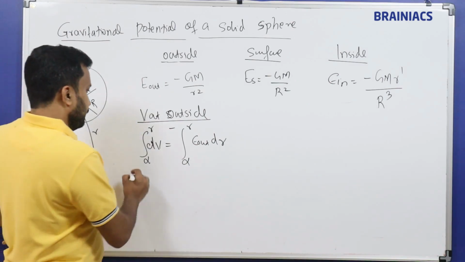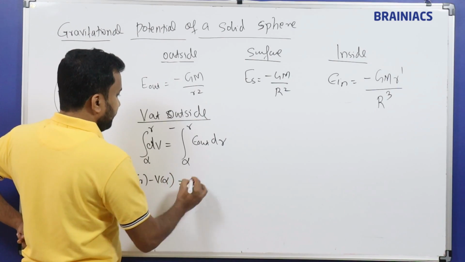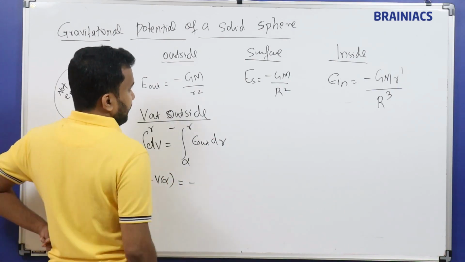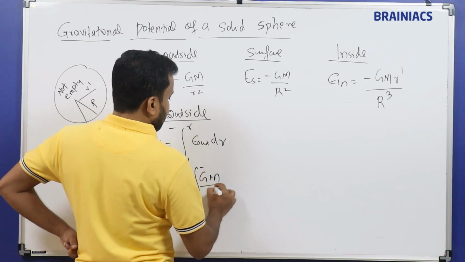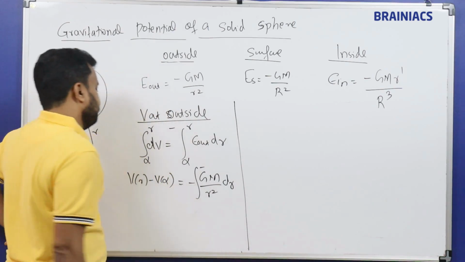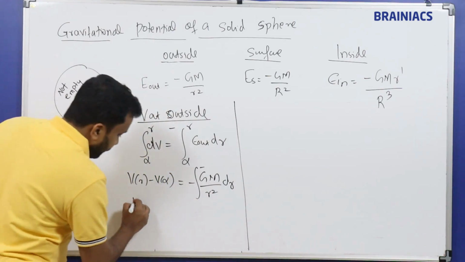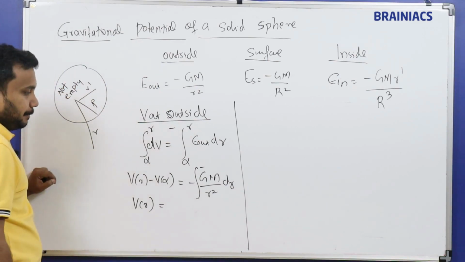Okay, so this we know, V of r minus V of infinity. V of infinity is taken as 0. So minus of integral minus GM divided by r square into dr. So V of r, this is 0, which is equal to minus, and minus becomes plus.